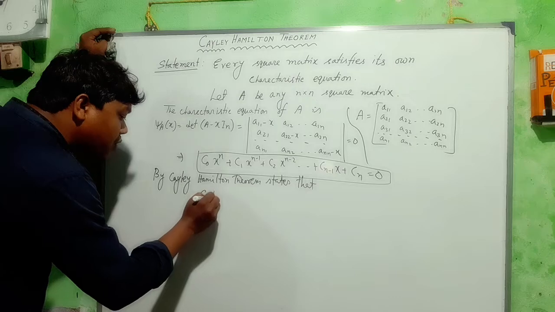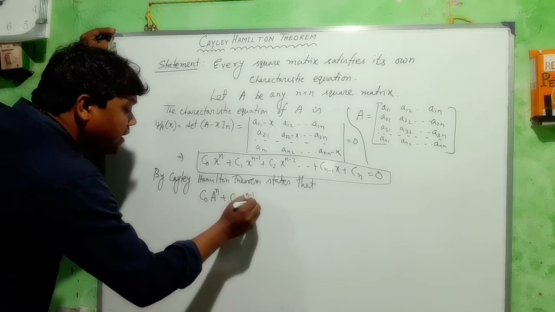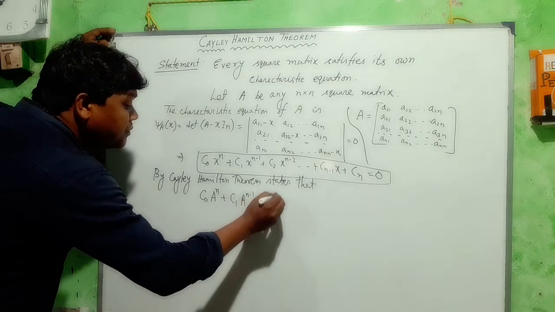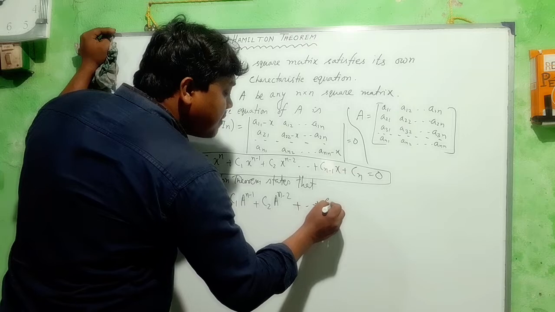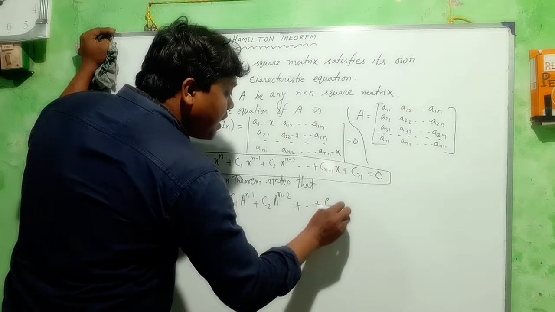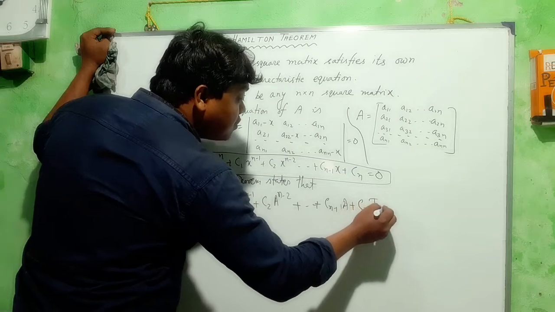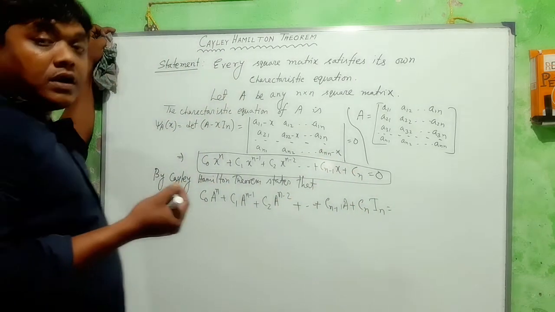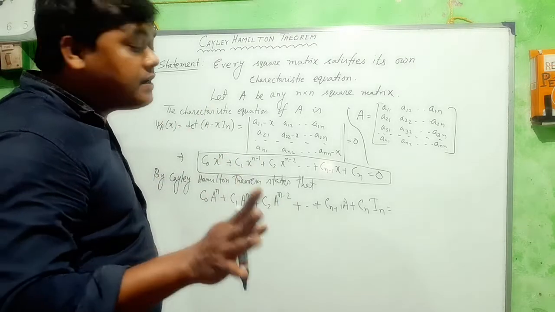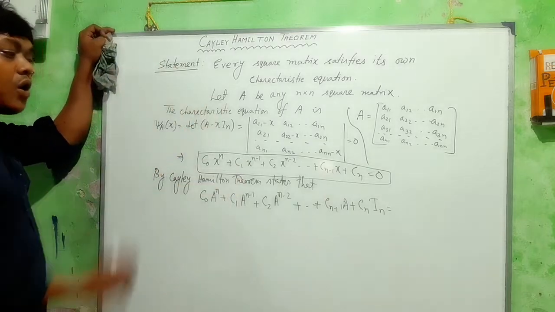This means C0 A to the power n plus C1 A to the power n minus 1 plus C2 A to the power n minus 2 and so on, plus Cn minus 1 into A plus Cn into In. In a matrix equation, a single constant is not valid, so we have to multiply the constant part by the identity matrix.